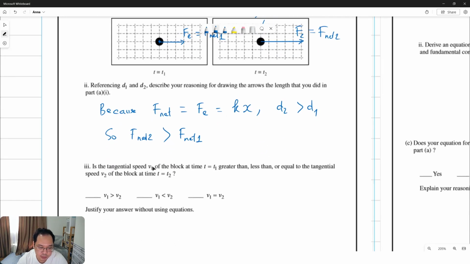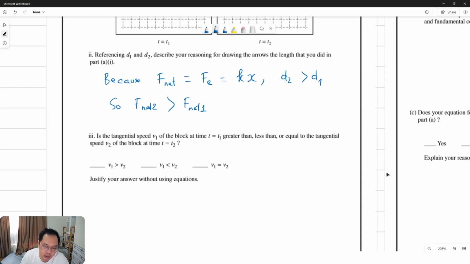Is the tangential speed v1 of the block at time t1 greater than, equal to, or less than the tangential speed v2 of the block at time t2? I already mentioned that v2 must be greater than v1. We're going to choose this one, and justify the answer without using equations.